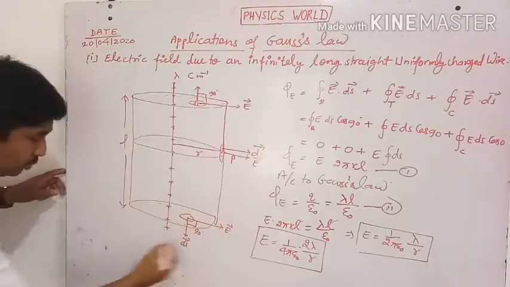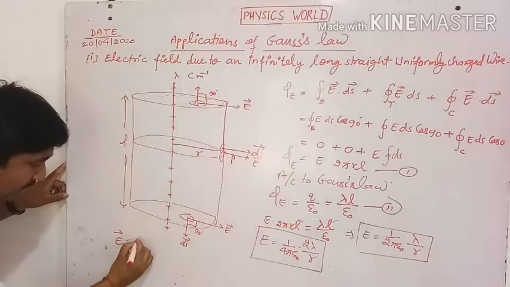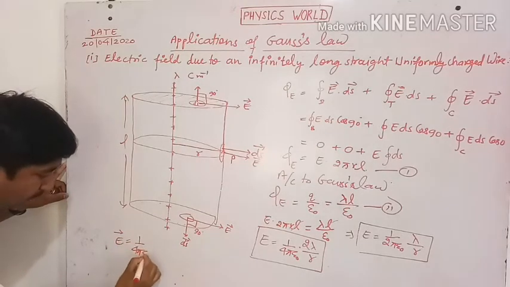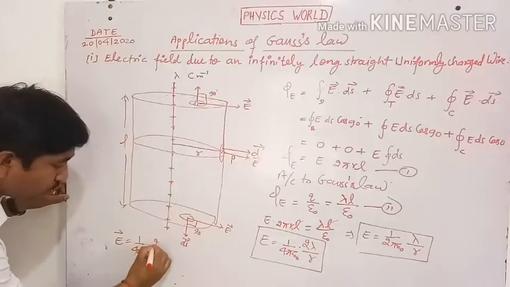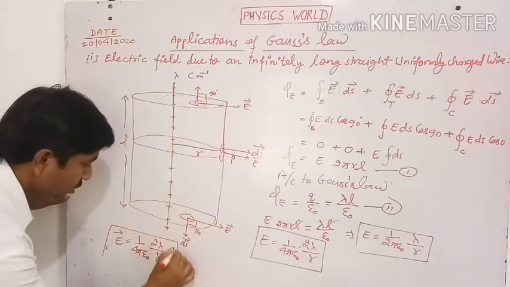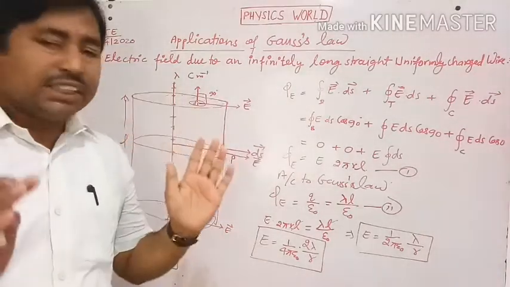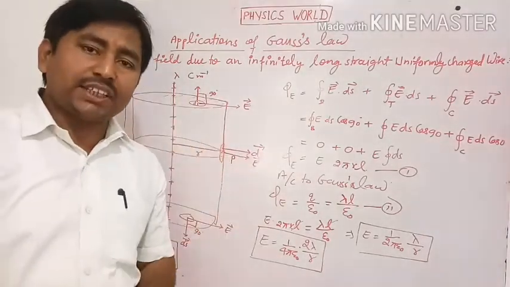So this formula can be expressed in vector form as vector E is equal to 1 upon 4 pi epsilon naught 2 lambda by r r cap. So this is all about the first application of Gauss law.